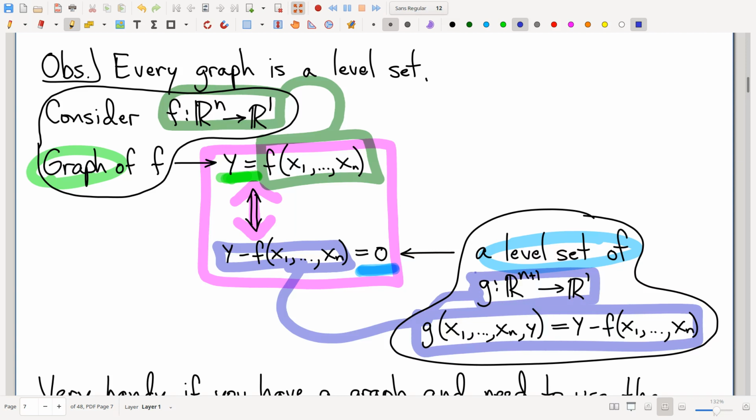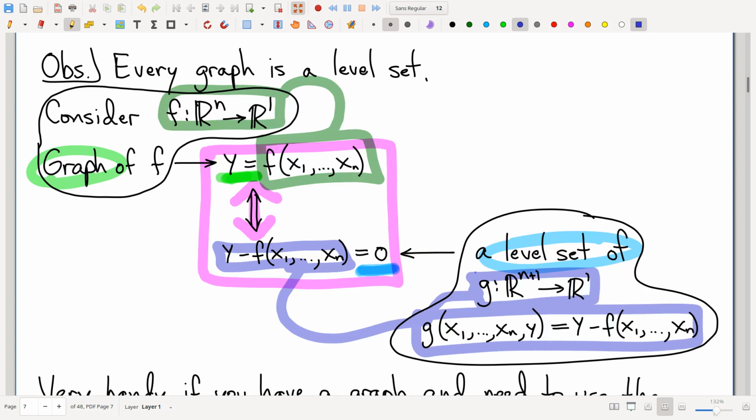So I'm not saying that the graph of f is a level set of f. Absolutely not. The graph of f and level sets of f live in different worlds. They're not even in the same world. But a graph of one function can be rewritten as a level set of this different function.